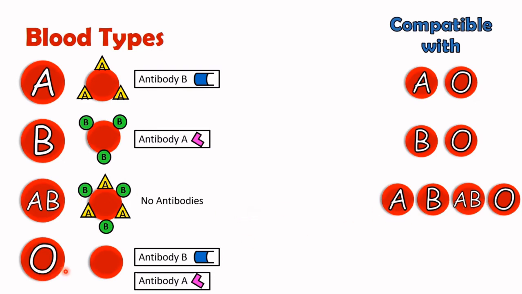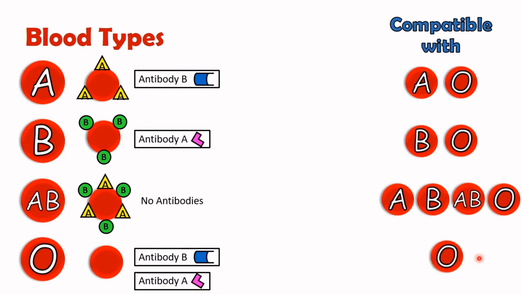Okay, next, the last one is the O blood type, where there is no antigen here. So it will have the antibody B and also the antibody A. So when we see this, it means that only one blood type can give to the O blood type, which is the O blood type only.